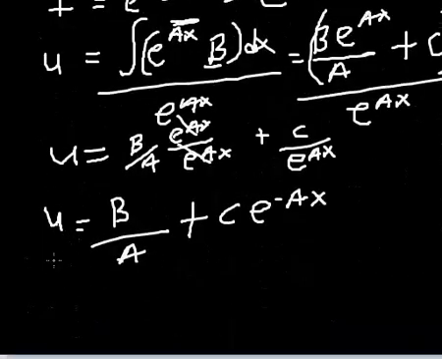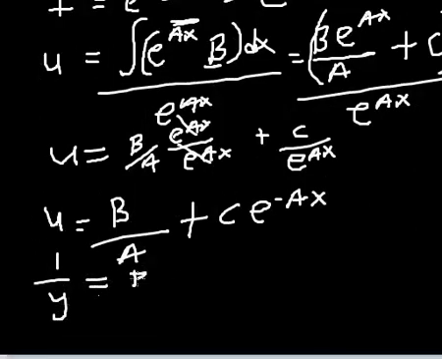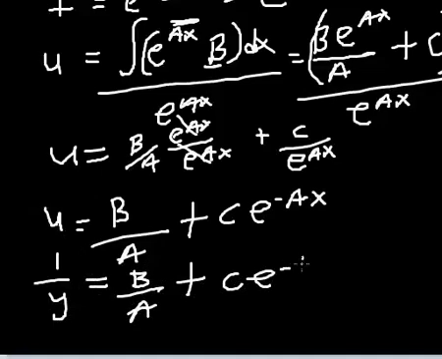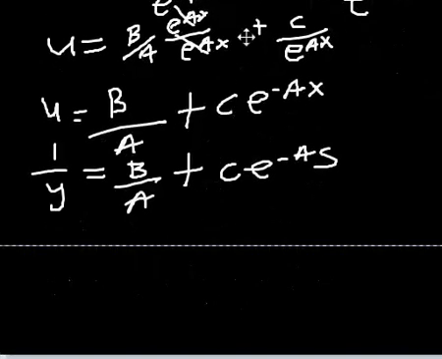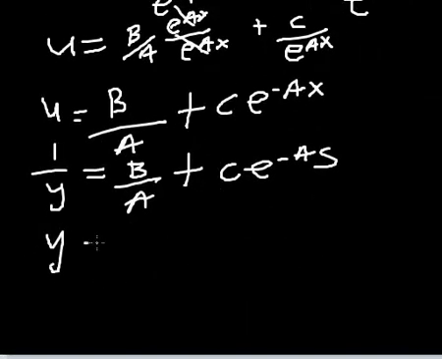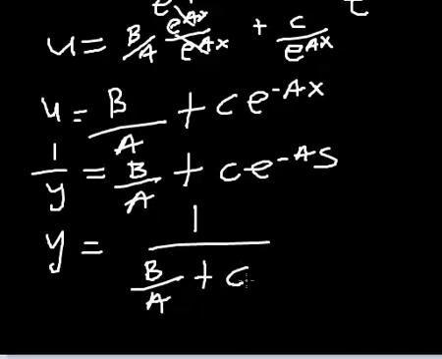So I can simply say that 1 all over y, which was u, is b all over a, then plus c exponent minus ax. If I invert 1 all over y, I bring y up, and this becomes the reciprocal of the whole of this: y equals 1 all over b all over a, then plus c exponent minus ax.